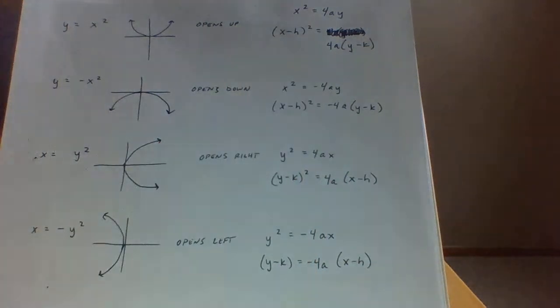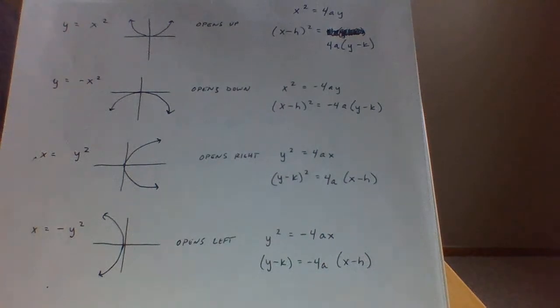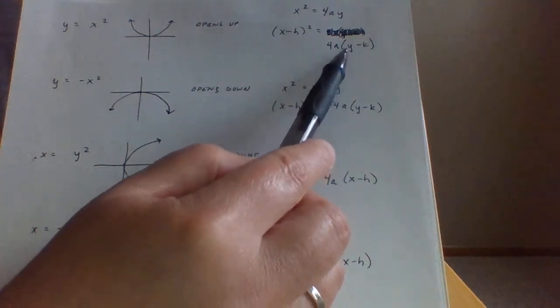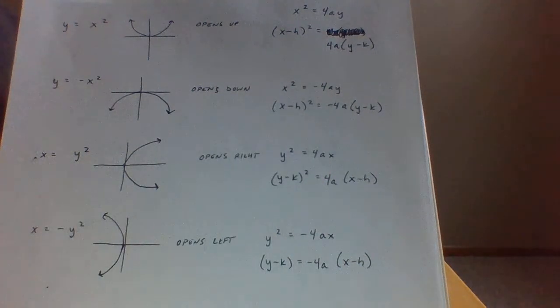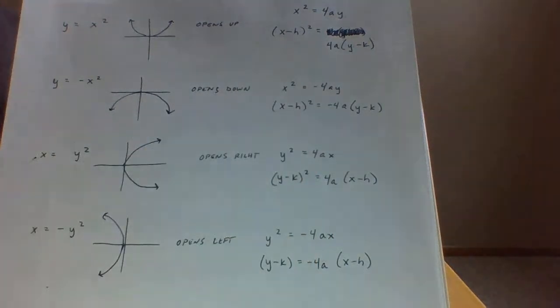Your h value will always appear inside that set of parentheses with the x because it's your x term. Your k value will always be with the y value inside that set of parentheses because it represents a y component. Keep in mind these minus signs are always going to appear inside your formulas.